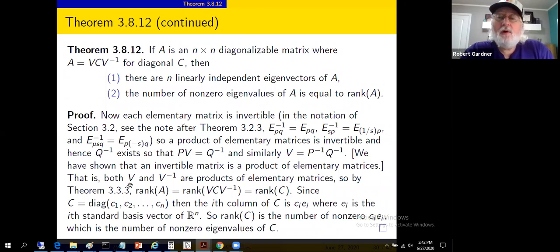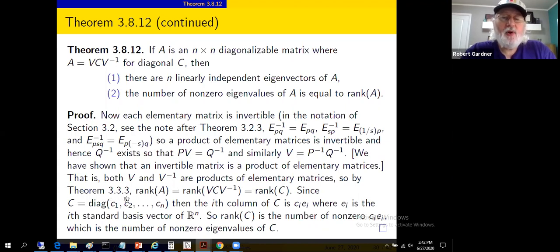So V is a product of elementary matrices because P is a product of elementary matrices, so I can find its inverse as a product of elementary matrices, and same for Q. So anyhow, V is a product of elementary matrices. Then V inverse is also a product of elementary matrices, so we're getting lots of elementary matrices.